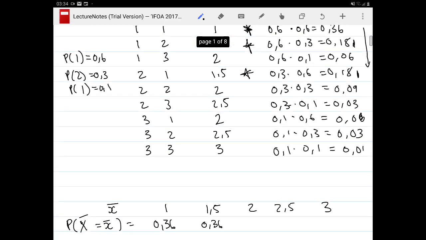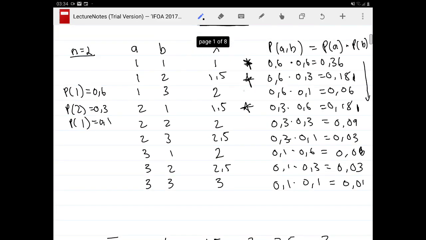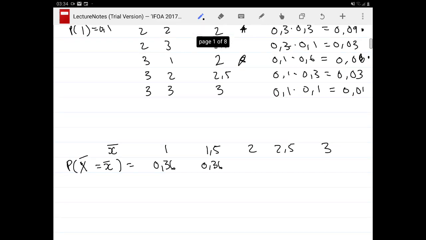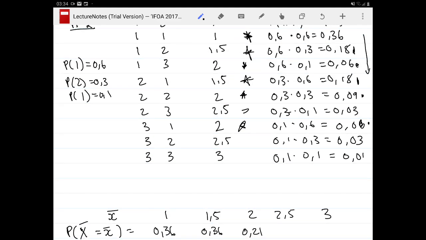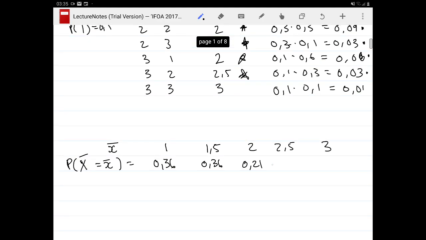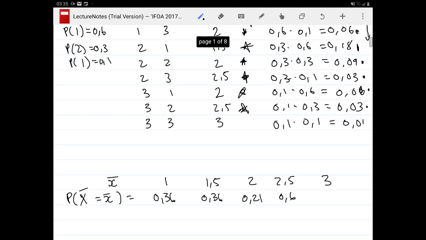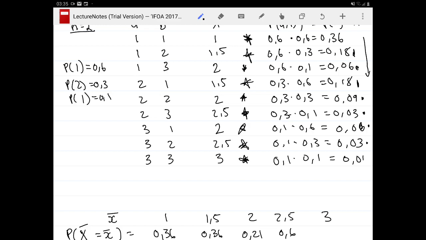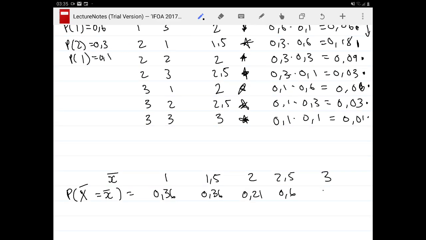Then when x bar is equal to 2, that happens here, here, and here. So we're going to add 0.06 plus 0.09 plus 0.06, which, if you do the math, comes out to 0.21. And then 2.5 is this case over here and this case over here, so this is 0.03 plus 0.03, which is 0.06. And then 3 is the only case that we haven't covered, and that's 0.01.